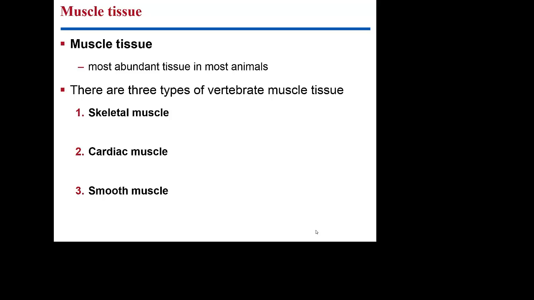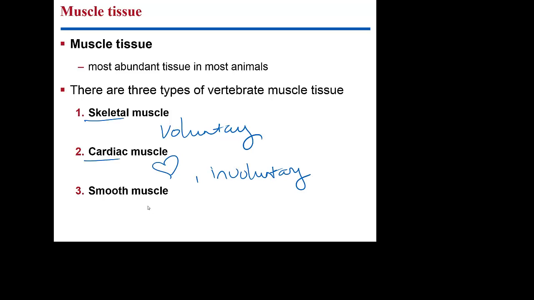Muscle tissue, 3 types that we focus on in vertebrates. Skeletal, of course, associated with your skeletal system, and is voluntary. Cardiac, heart, involuntary. And smooth muscle, smooth is associated with your internal organs.